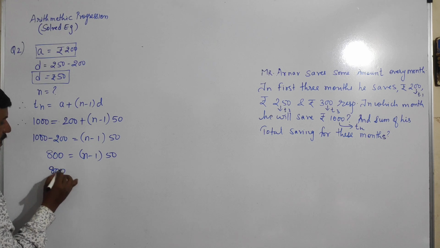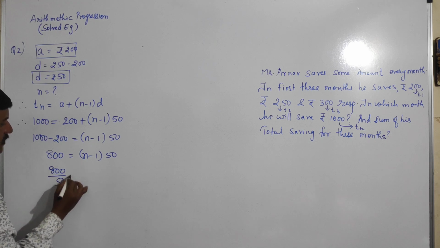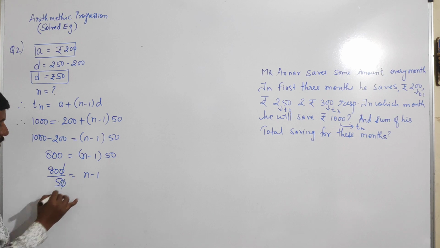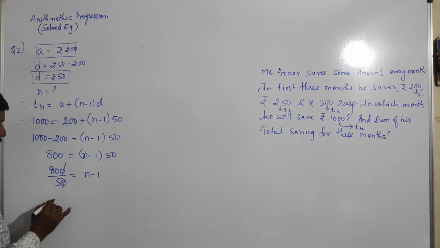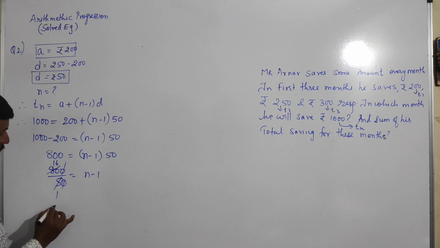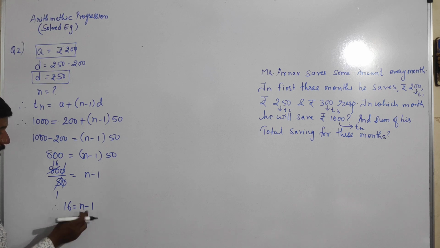तो 800 डिवाइड बाय 50 इज इक्वल टू n माइनस 1. ये 50 के में 1 टाइम, ये 100 का, ये 5 के में 1 टाइम और ये 16 टाइम. देयरफॉर 16 इज इक्वल टू n माइनस 1. देयरफॉर n, ये माइनस 1 इधर आएगा तो क्या होगा? प्लस 1. 16 plus 1.